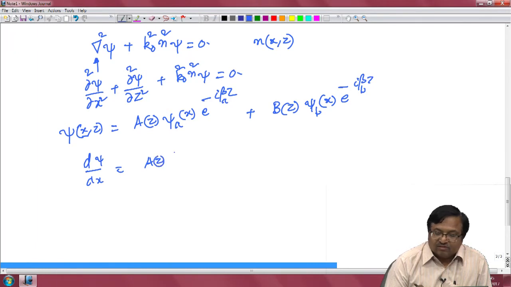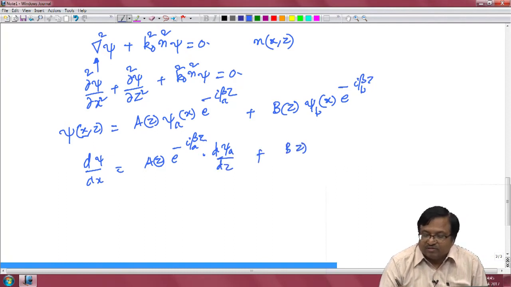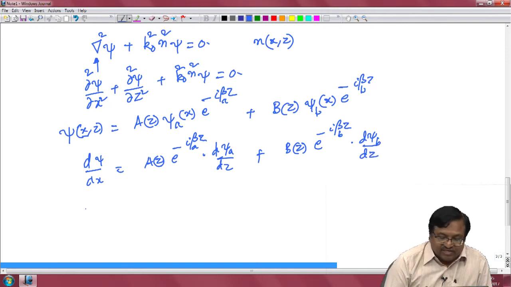For dz, we get A of z e power minus i beta A z multiplied by d psi A by dz, and B of z into psi b of x e power minus i beta b z into d psi b by dz, and the second derivative is also needed in the expression.